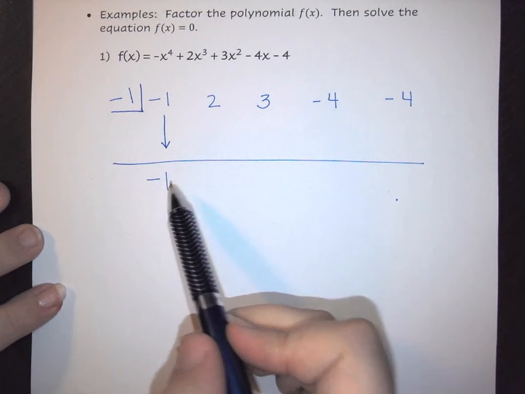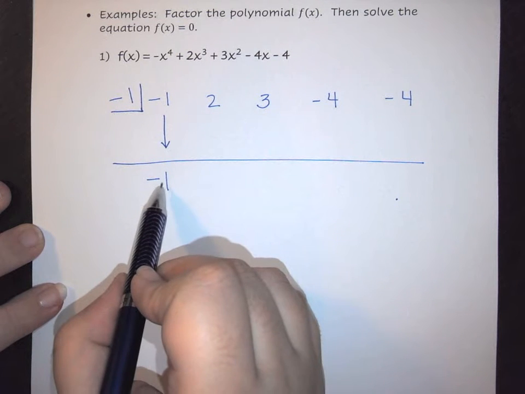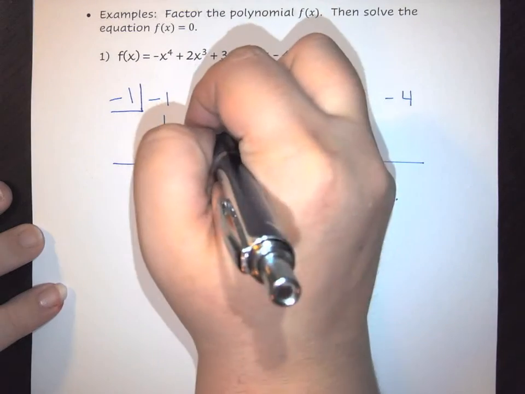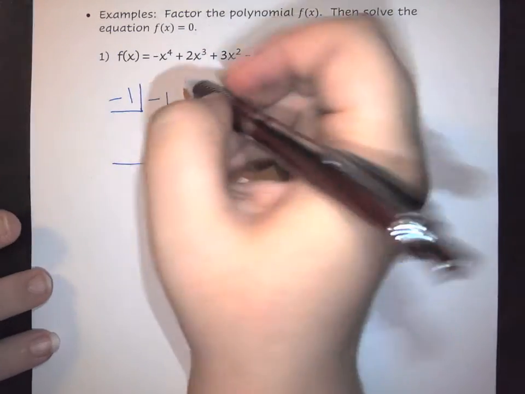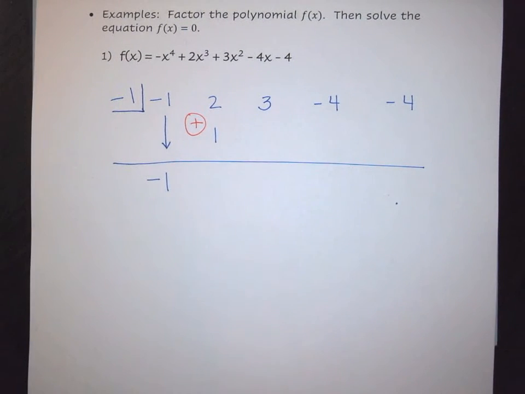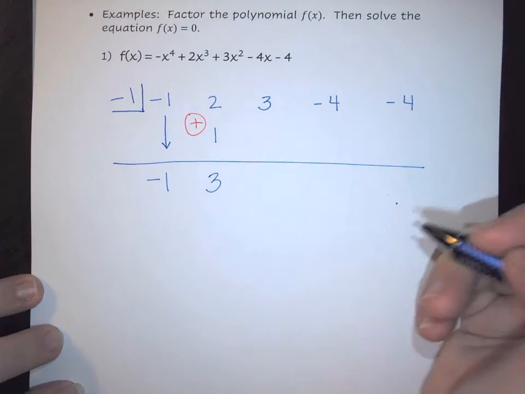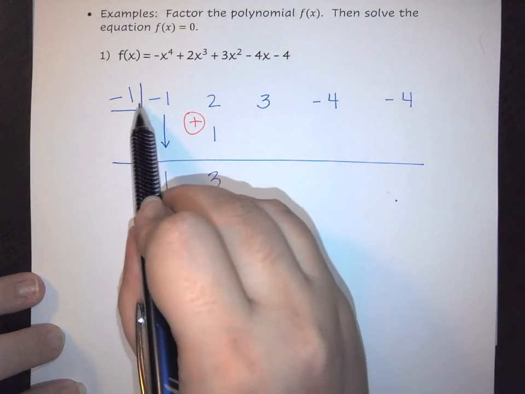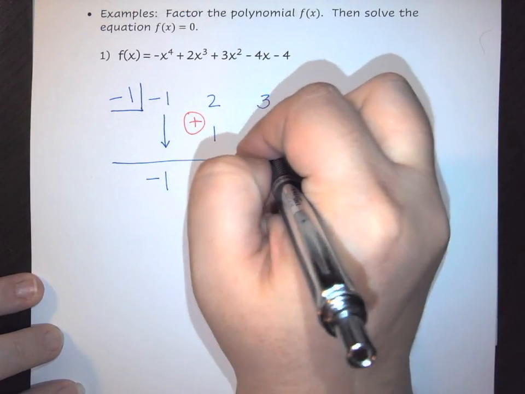So here again, you're going to do bottom number times the box goes underneath the next. So -1 times -1 is a 1. And then we do old school vertical addition. So we're going to add 2 plus 1, and that's going to give you 3. And repeat. Bottom number, so 3 times the box, which is -1, so this is -3.